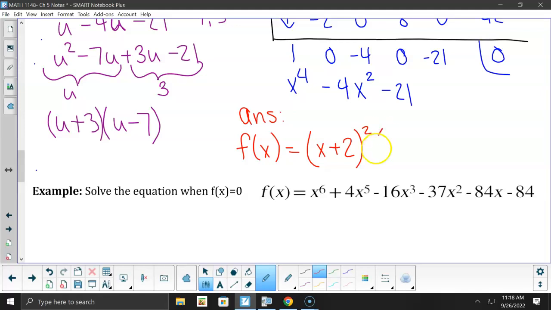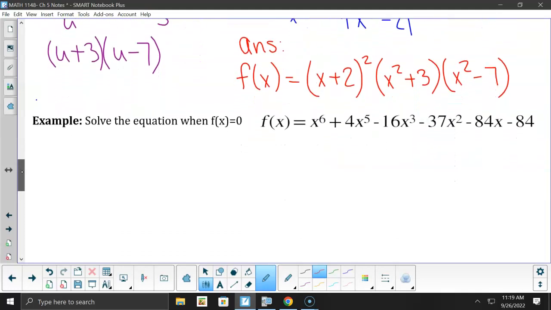And then I've got these: x squared plus 3, x squared minus 7. Yes, no. As good as we can be for a Monday morning. That's what we're going to do on the next one.